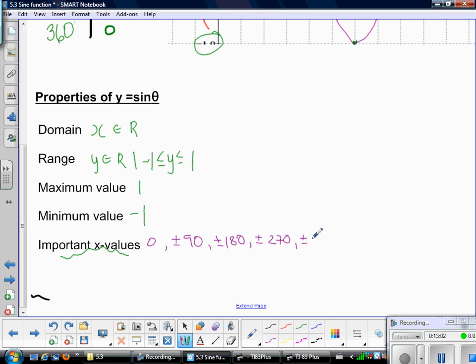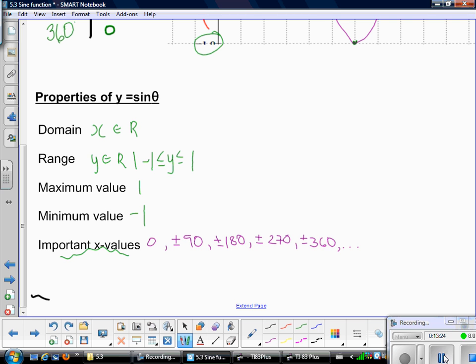And we could keep on going if we wanted to graph more than around the unit circle once. Okay, so it goes on and on. But the important thing also to notice is that it's happening every 90 degrees, like the distance between here is 90 degrees.